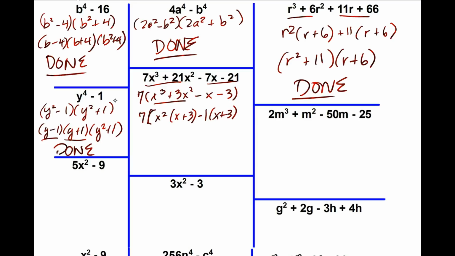Y'all with me? Okay, close my little bracket. And now I bring these two terms together, so I end up having 7 times, I can take the brackets off because I'm now making parentheses, x squared minus 1 times x plus 3.